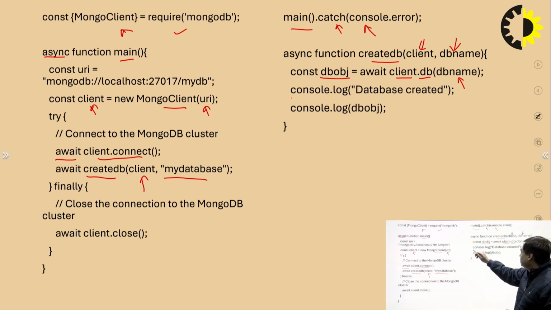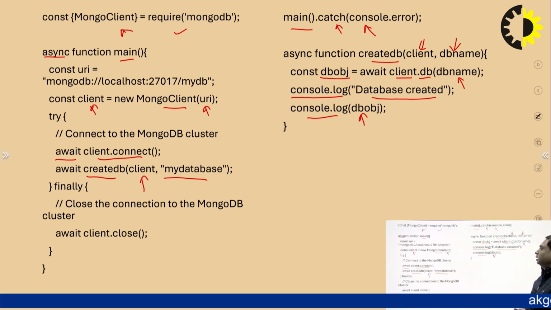Next, we are just displaying on the console with the help of console.log a message, database created. Which database is created? We are passing the name of the database which is already stored in the db object. The db object basically is the object of the database which is recently created in MongoDB with the help of the statement client.db.